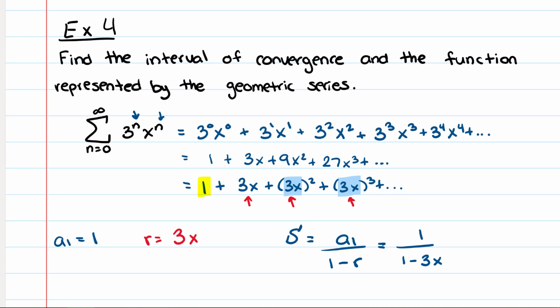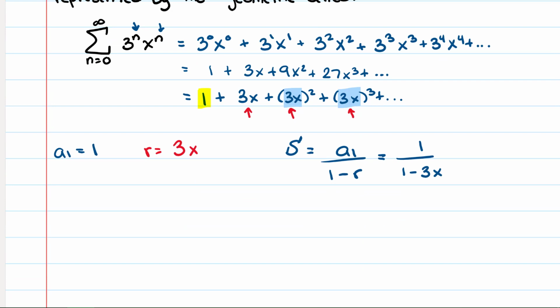So what we need to do is find these x values and what they can be where it's going to converge. So we know that a sequence or a series will converge if the absolute value of r is less than 1. Okay, well, I know r is 3x. And this means that negative 1 is less than 3x, which is less than 1.